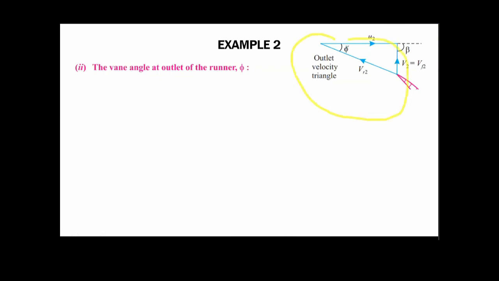We want to know this particular angle, so we write down the relationship that we can get from the velocity triangle to calculate phi. From the velocity triangle, phi is equal to this arrow over this arrow, or specifically VF over U2.